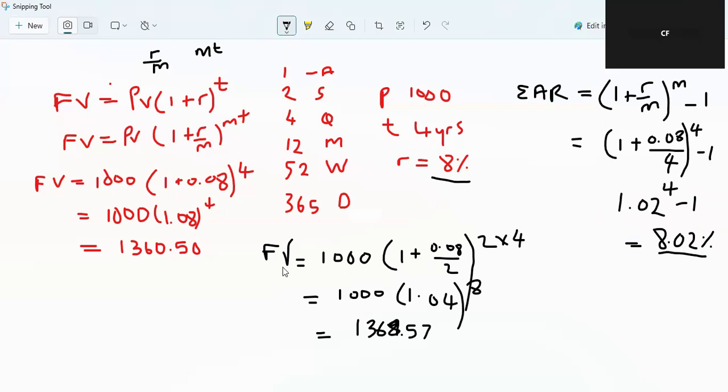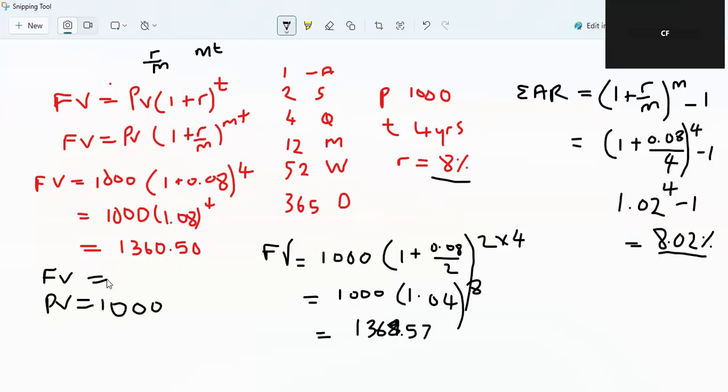So we also may be asked to say how long can the 1,000 kwacha grow to 2,000 at an interest rate of 8% compounded annually?